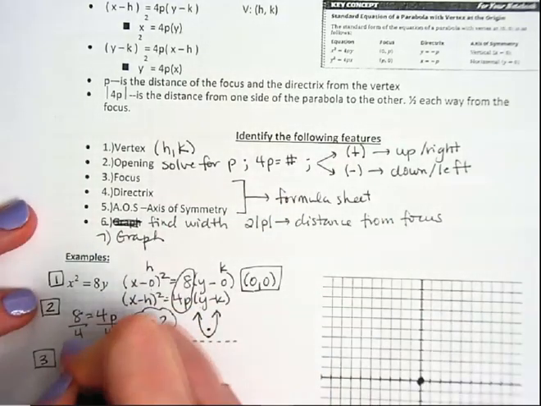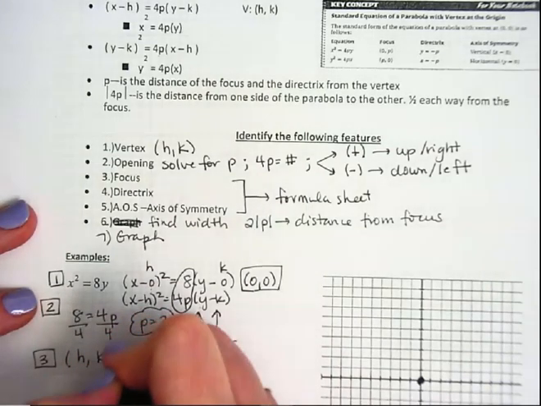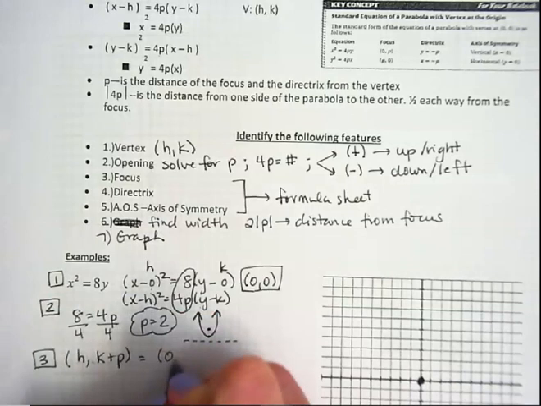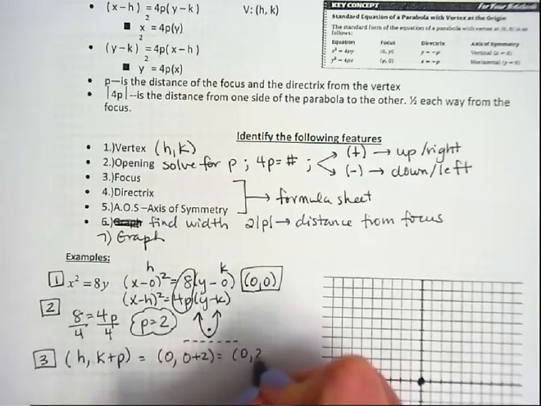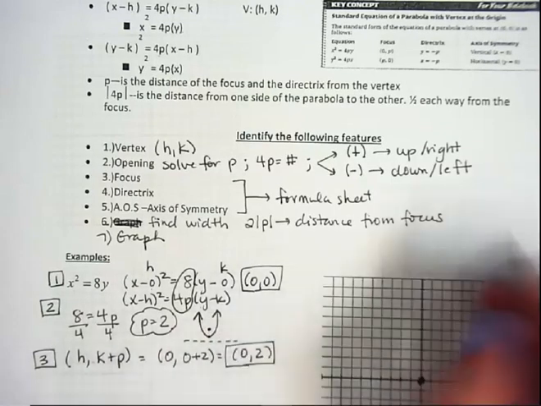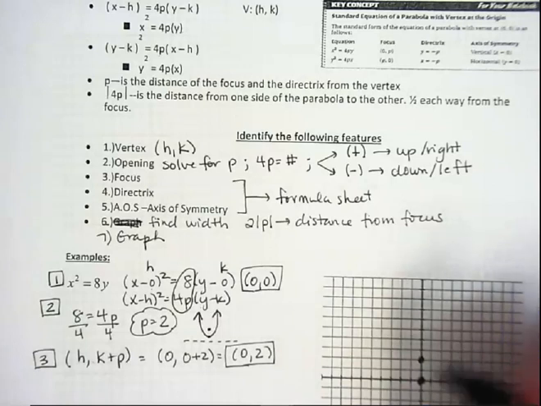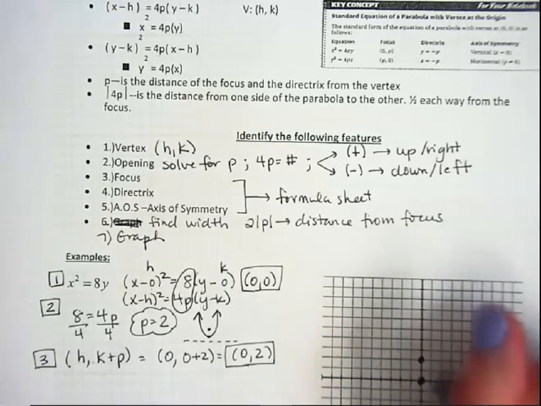The focus formula is H and then K plus whatever P was. So our H was 0, our K was 0, P is 2. So we have this point at 0, 2. What's happening is we're just adding 2 in the vertical direction to our vertex, and that's going to give me our focus.